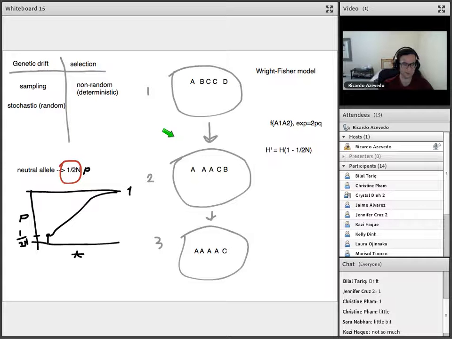Now it turns out that this decline, as pointed out by a few of you, is going to be more dramatic with smaller populations.